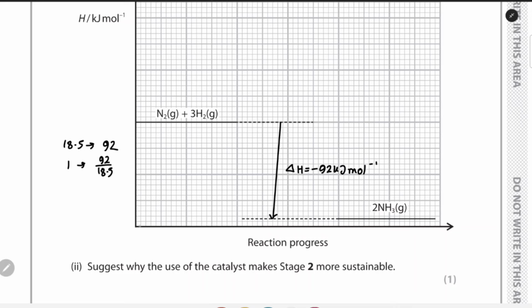So each small box over here represents this many units in kilojoule per mole. We'll work with 5 over here. This will be 92 into 5 by 18.5. This value over here is around 25, so 24.9. We can work by considering this to be 25.